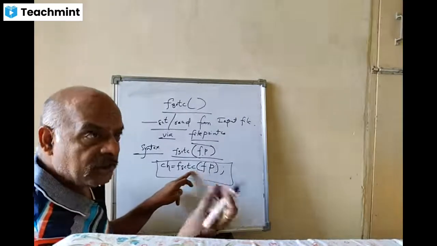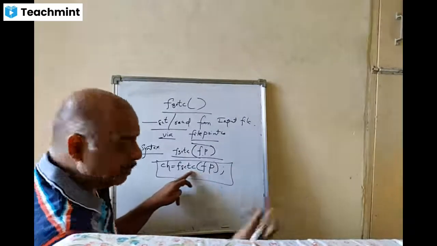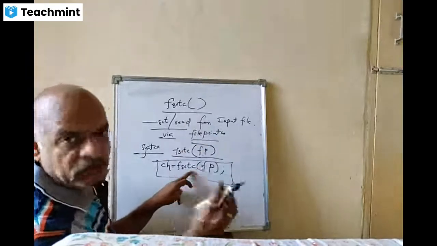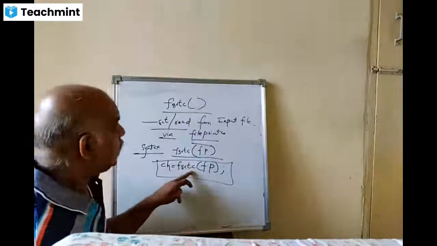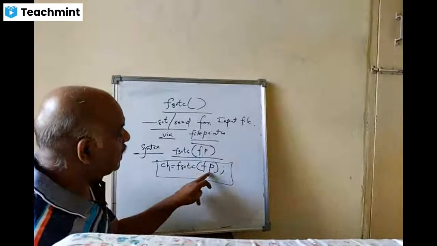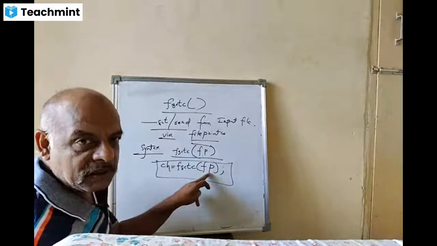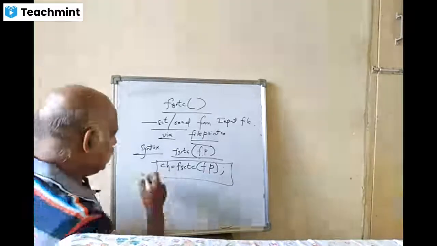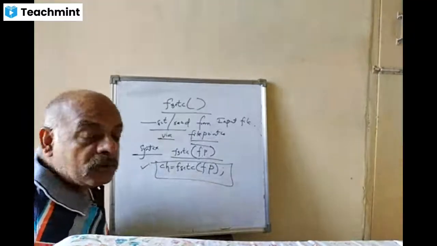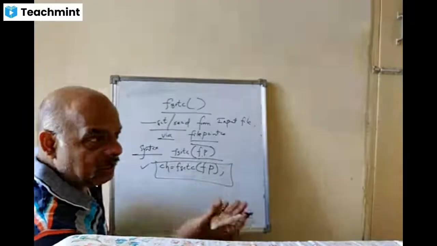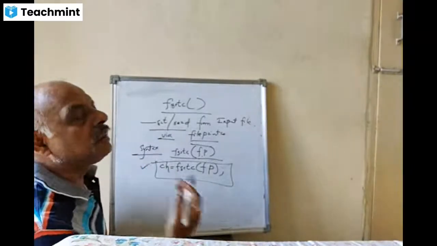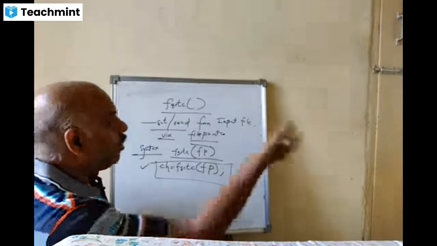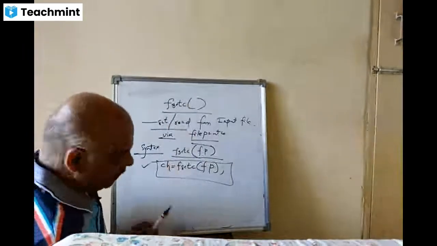Once you open any input file from the hard disk in read mode, the file pointer points to the very first character of the file, if it is present. Then you read the character from the input file pointed to by fp and collect it in some variable. Once you read the character from the input, you can output the character onto the output file. So this is fgetc.